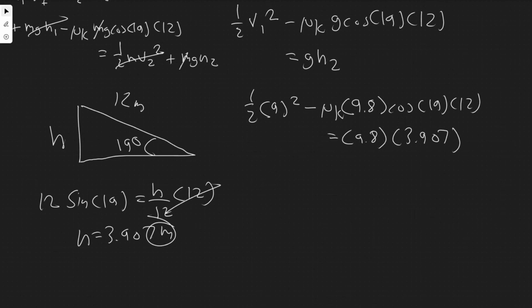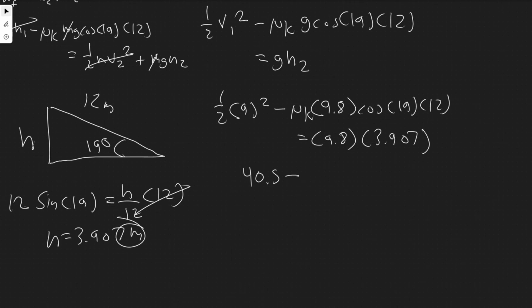And then now I'm just going to simplify and solve. So 0.5 times 9 squared, which is 81, you get 40.5 minus, and then 9.8 cosine of 19, and then multiply that by 12, you get 111.19, we'll say, and then this is times mu sub k is equal to, and then we have 9.8 times 3.907, which is 38.2886.